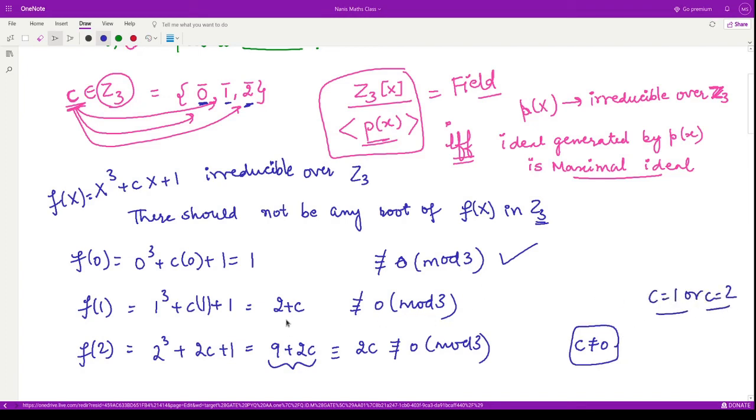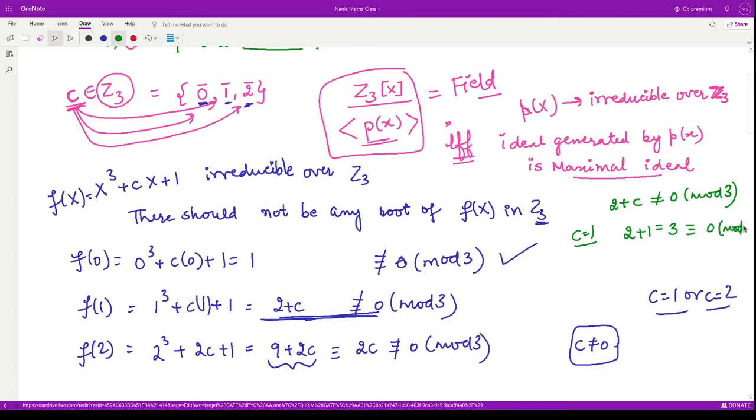Out of these two, we could use this expression: 2 plus c should not be equivalent to 0 mod 3. If I substitute c to be 1, this becomes 2 plus 1, which is 3, and this is equivalent to 0 mod 3.